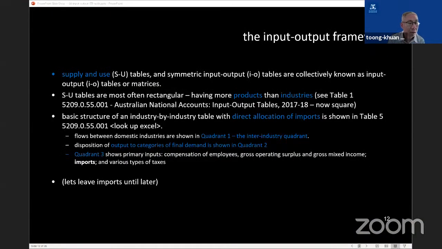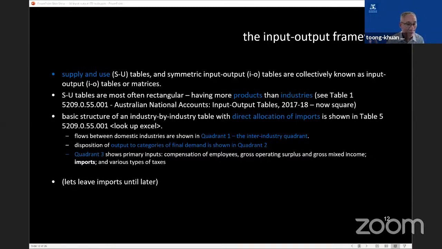So let's go back to the PowerPoint and let's look at the supply and use tables. What I've shown you over there is what we call supply and use tables. It is symmetrical. The supply and use tables are always symmetrical because in Australia, we use 114 industries, so it must be exactly the same for 114 industries that supply compared to 114 industries that use.